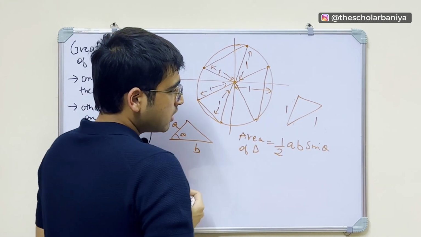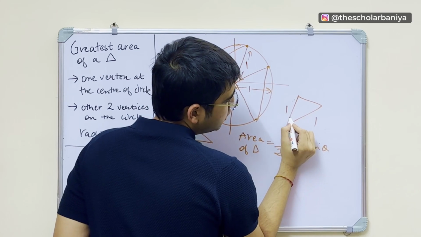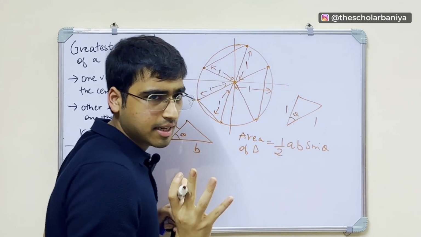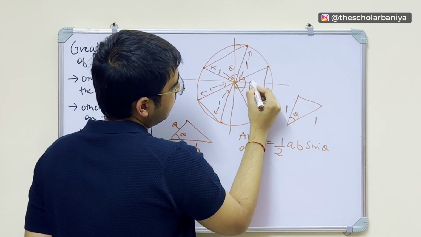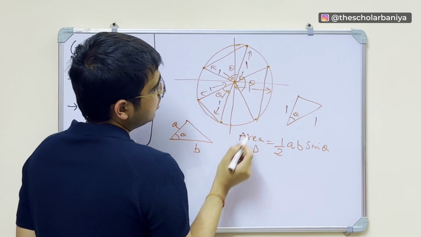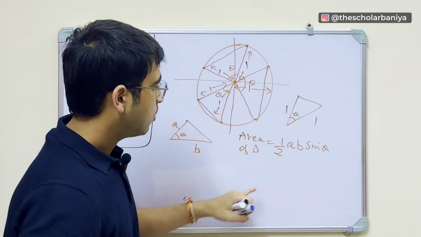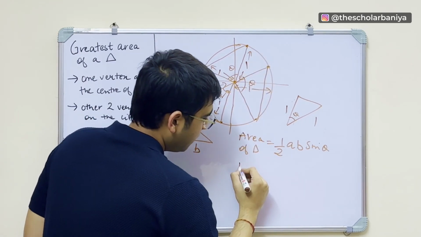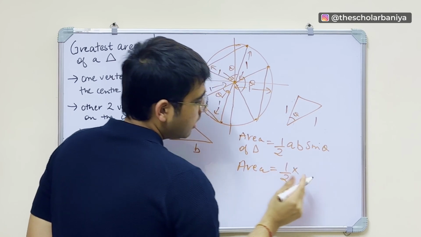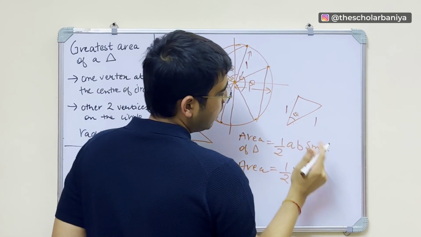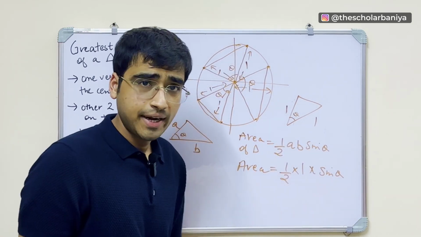Okay, so tell me one thing, if we know these two sides and if we assume this angle is theta, for example, in this case, this angle is theta, this angle is theta, or this angle is theta, because we know these two sides. So what does the area become? The area becomes half into, what is A into B? 1 into 1, which is 1 into sine theta, right?